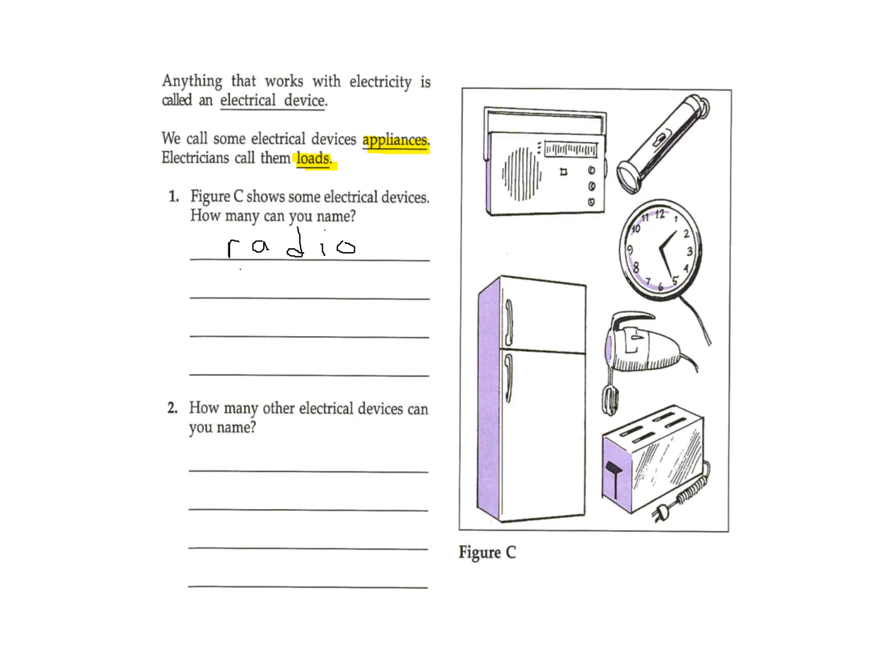What else do you see? You see a flashlight. What else do I see? I see a mixer. I see a clock.